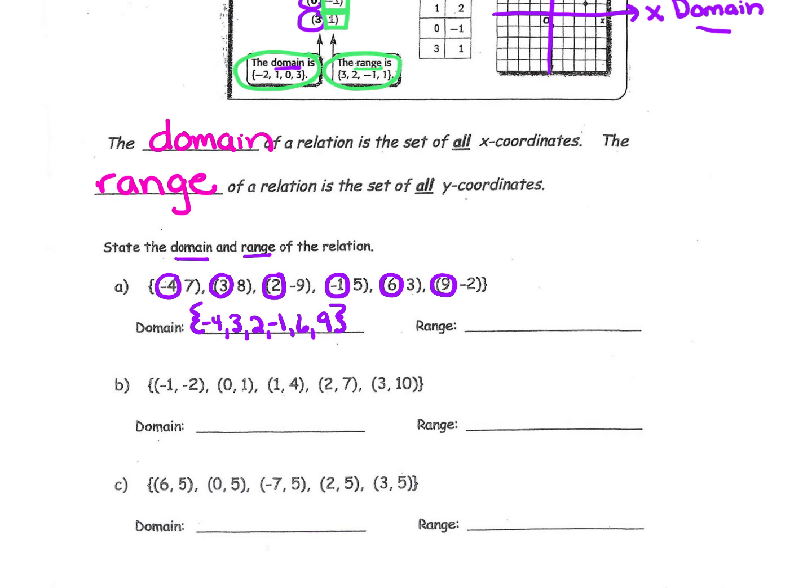The range is made up of all the y values. That would be 7, 8, please put a box around these values, -9, 5, 3, and -2. Please list your range values on the line that's marked range.